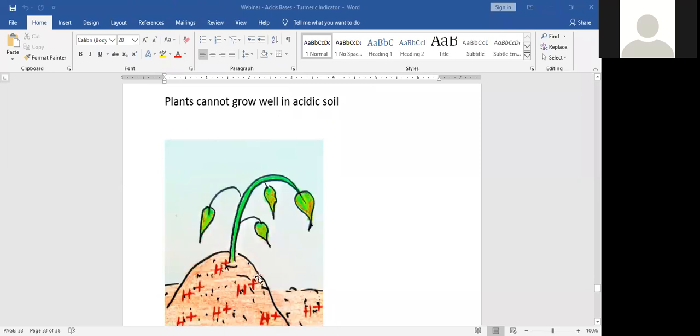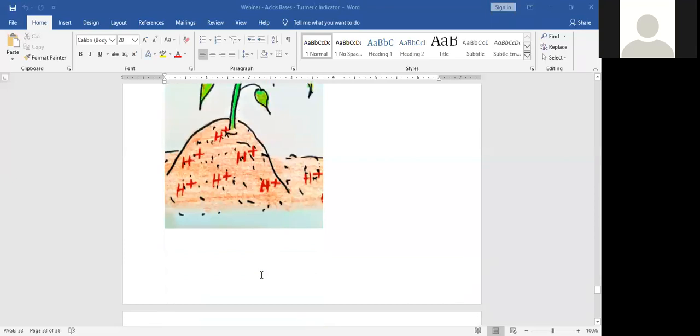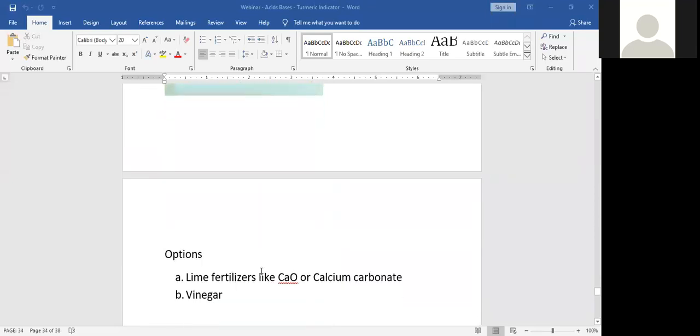What do you think the solution will be? You can think of your options before I show you the options. Okay, I'm going to show the options now. Your options are A, lime fertilizers like calcium oxide or calcium carbonate, and B, vinegar.